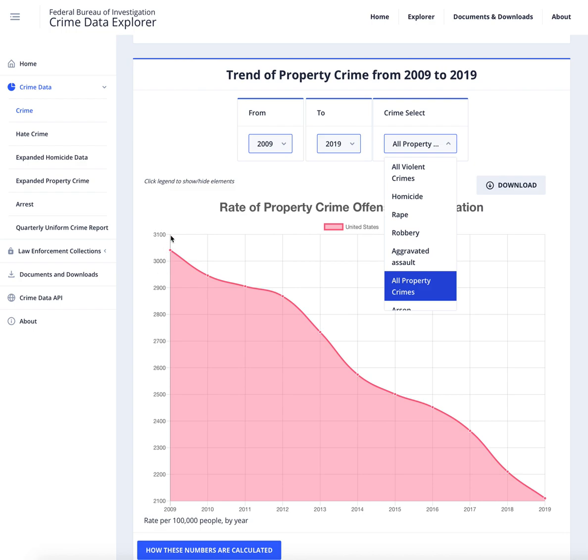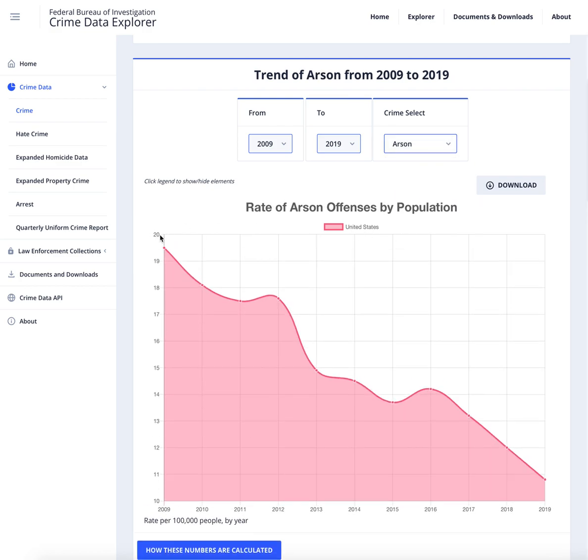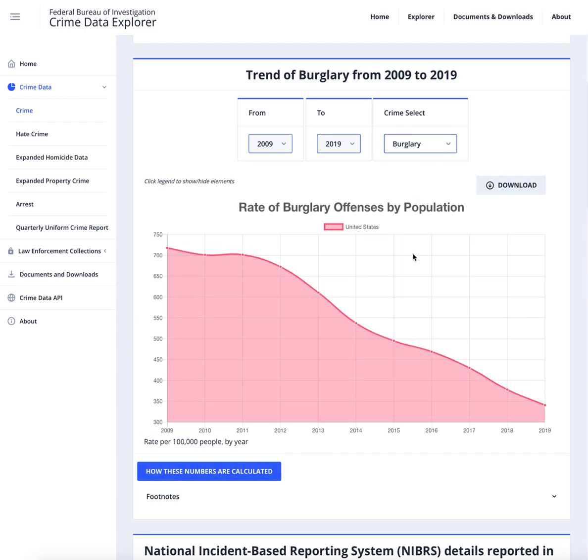Again, pay attention to the numbers on your left axis: somewhere in the 3,050 range down to 2,100. If we break that down, you can see the number of arsons. 20 arsons is the max on this graph, so somewhere around 19.5 arsons per 100,000 people a year in 2009, all the way down to 10.8 in 2019.